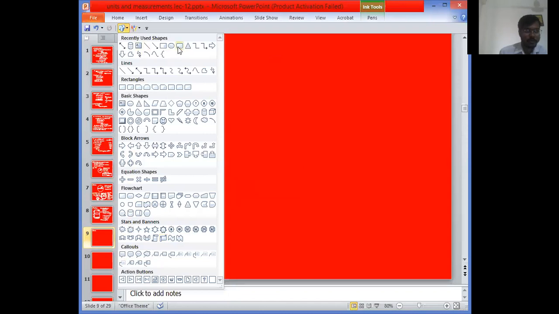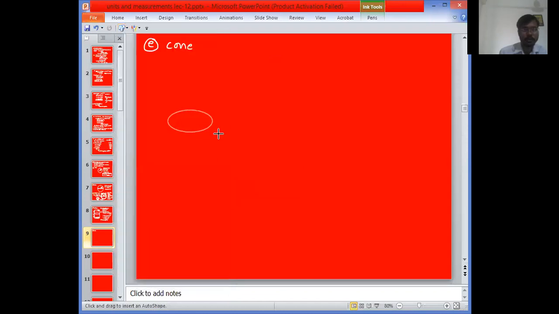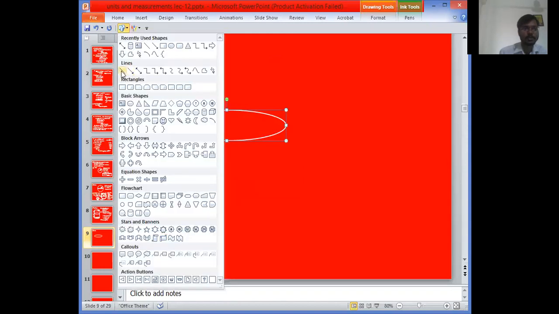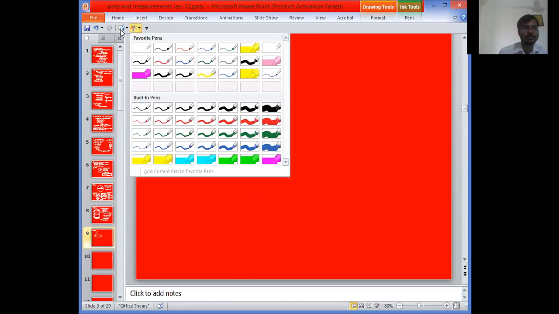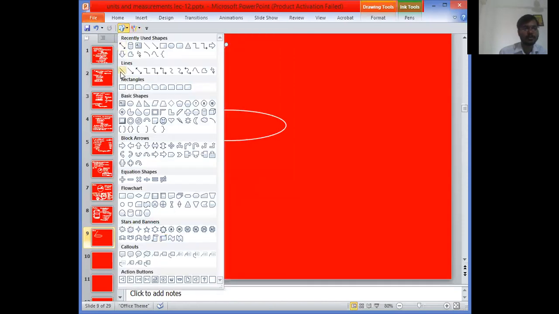So what can we do? We can create that cone with the help of circle and lines. Okay, this is the circle. Let's use the lines. Where was the cone?